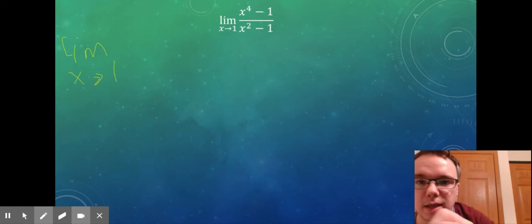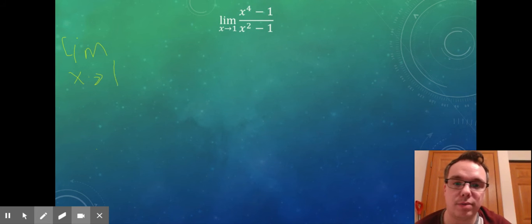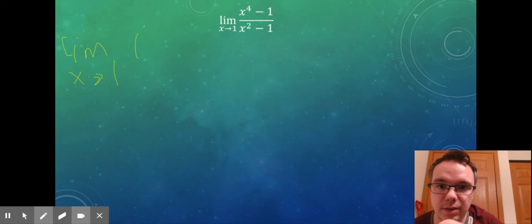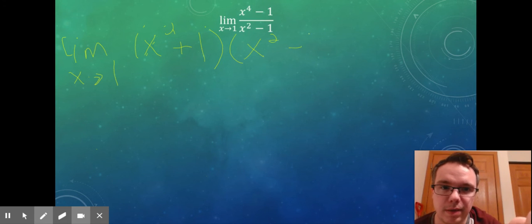So in this case, oh, my handwriting is getting worse as we go, sorry. We can factor the top and we can factor the bottom because they're both difference of squares again. So what multiplies to get negative 1 and 0 in the middle would be 1 and negative 1. So on top, because I have an x to the 4th, I can factor it into x squared plus 1 times x squared minus 1.